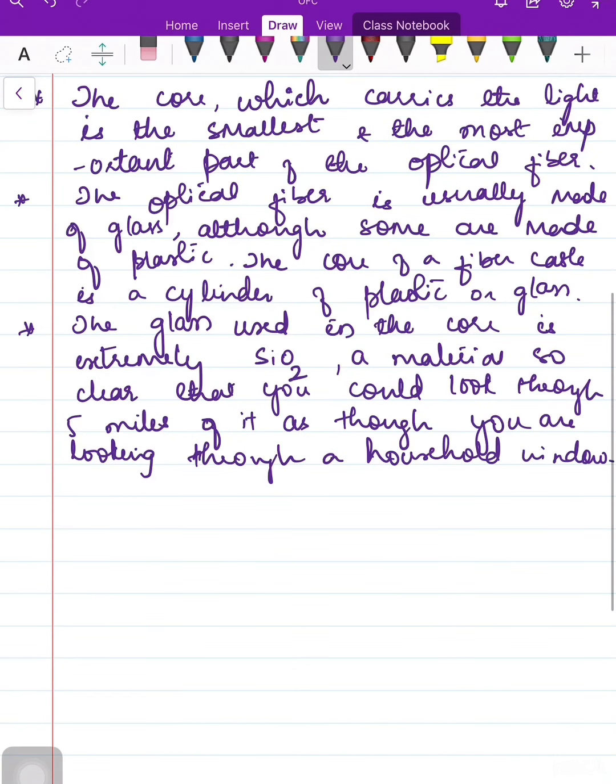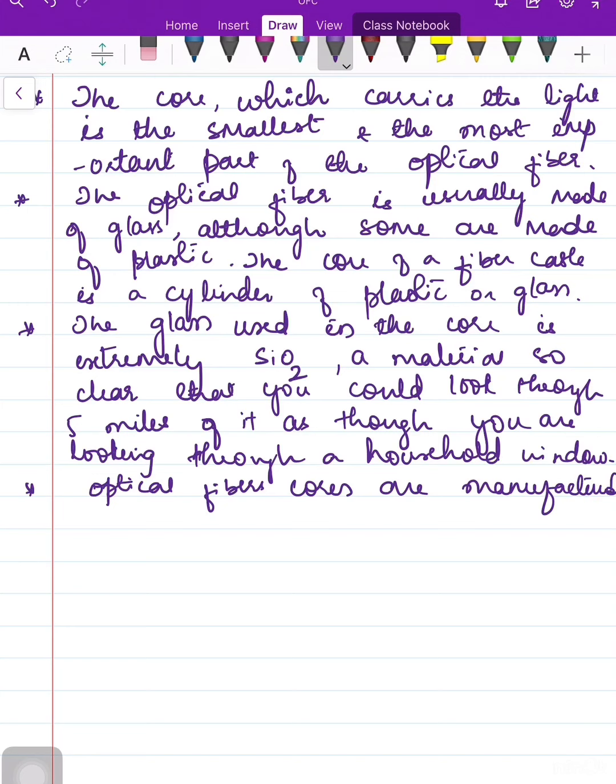Next, optical fibers are manufactured in different diameters. We are talking about optical fiber cores. Cores are manufactured in different diameters for different applications.